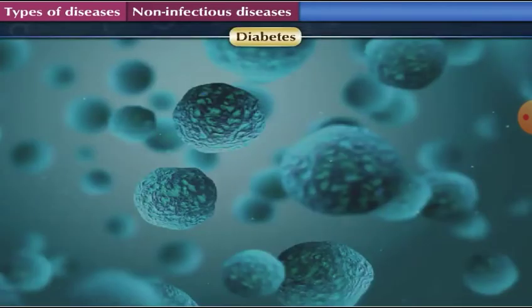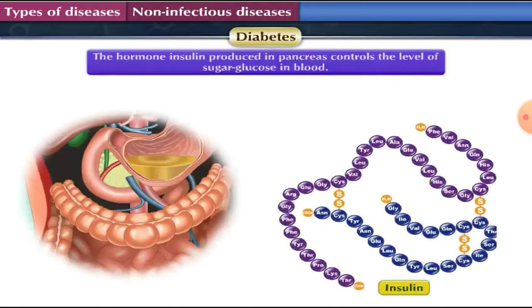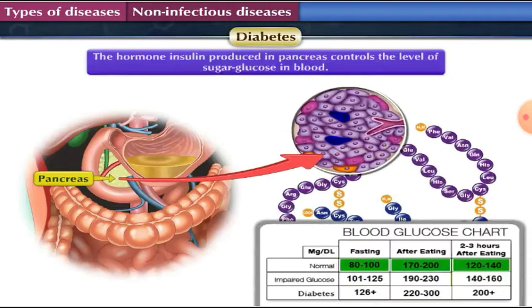Diabetes. The hormone insulin produced in pancreas controls the level of sugar glucose in blood. If insulin is secreted in low quantity, glucose level cannot be controlled. This disorder is called diabetes.